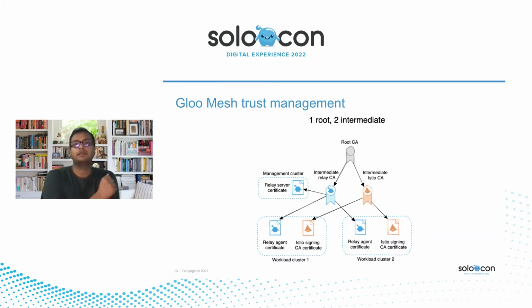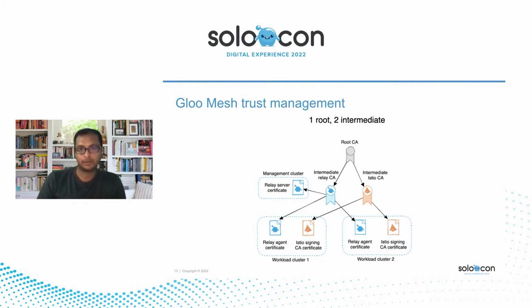So in this mode, you are going to have one root CA maybe for your organization, but then the intermediate CAs have Gloo delineation where they can be used for control plane traffic between the agent and the management plane, and all the data plane where you have another CA system going on.